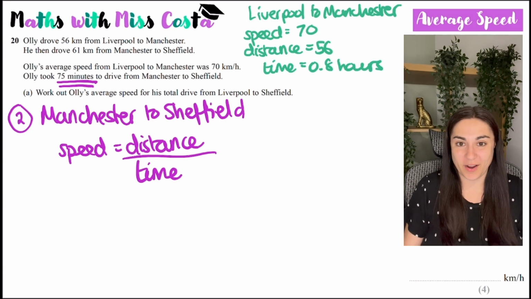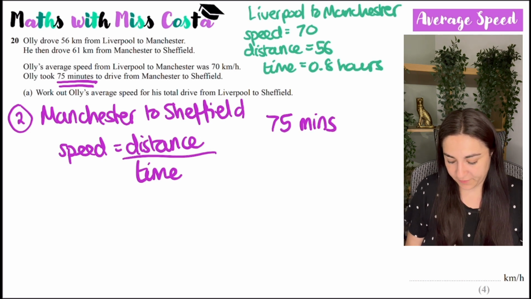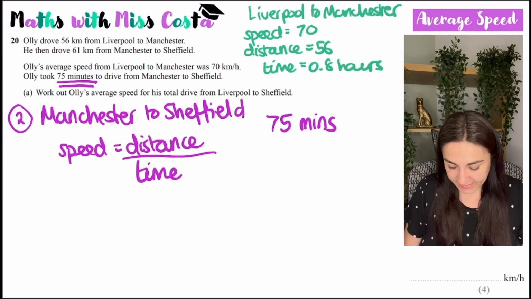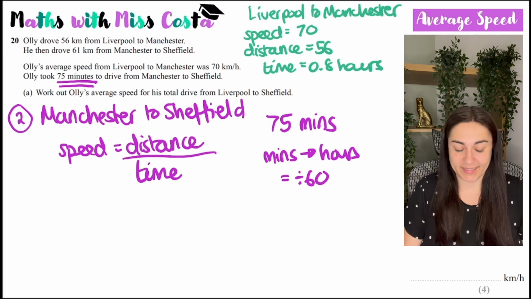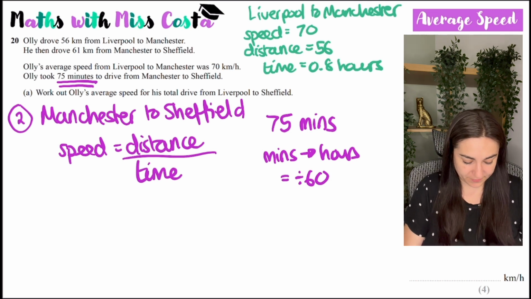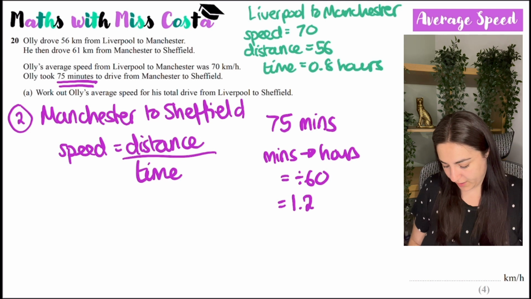We always want to write our time in terms of hours. So 75 minutes, I want to convert into hours. To convert minutes to hours, I divide by 60, because there's 60 minutes in an hour. So 75 divided by 60 is 5 over 4, which is 1.25 hours.